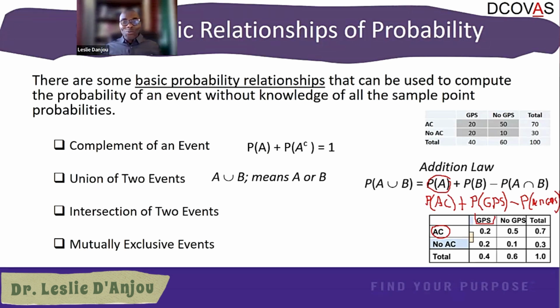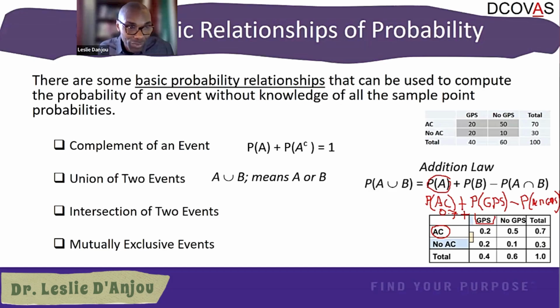So ultimately, we've replaced those A's and B's, those are placeholders, with actual things within our data set, AC or no AC, whatever. So we have our actual numbers right here. The probability of AC is all of AC, 0.7. So this whole thing will be 0.7 plus the probability of GPS. It's all of GPS.